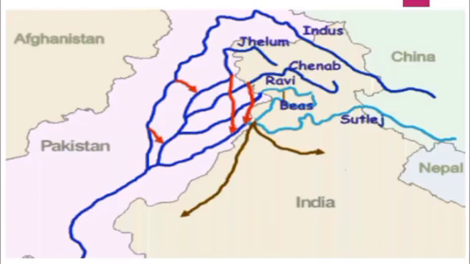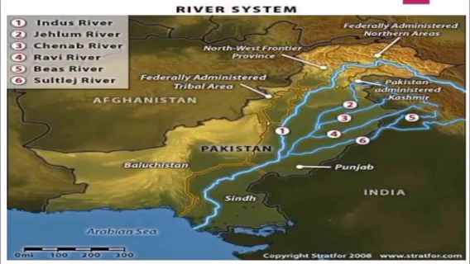Here we can see the closer view of 6 rivers like Indus, Jhelum, Chenab, Ravi, Beas and Sutlej. Here also we can see the closer view of 6 rivers like Indus River, Jhelum River, Chenab River, Ravi River, Beas River and Sutlej River.